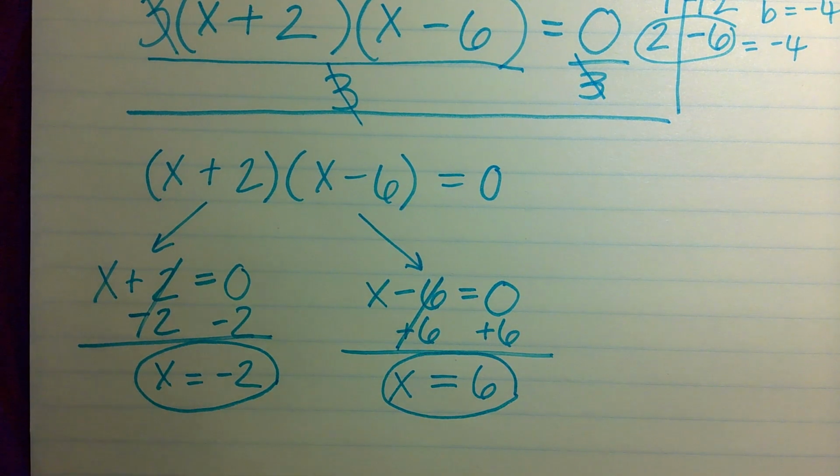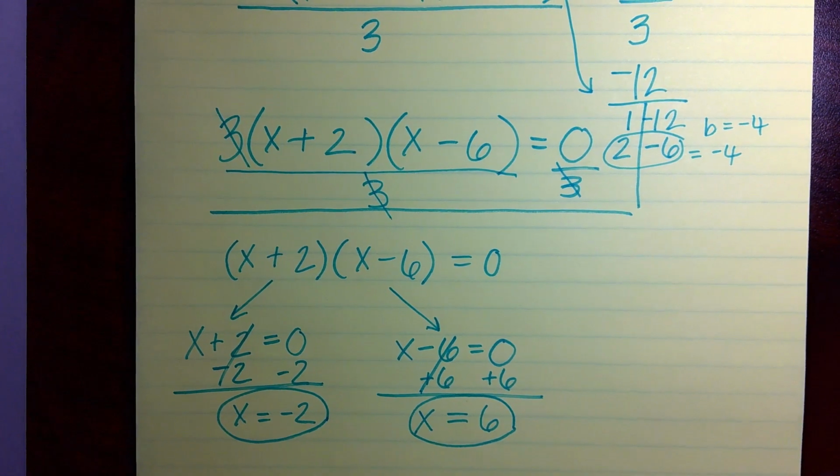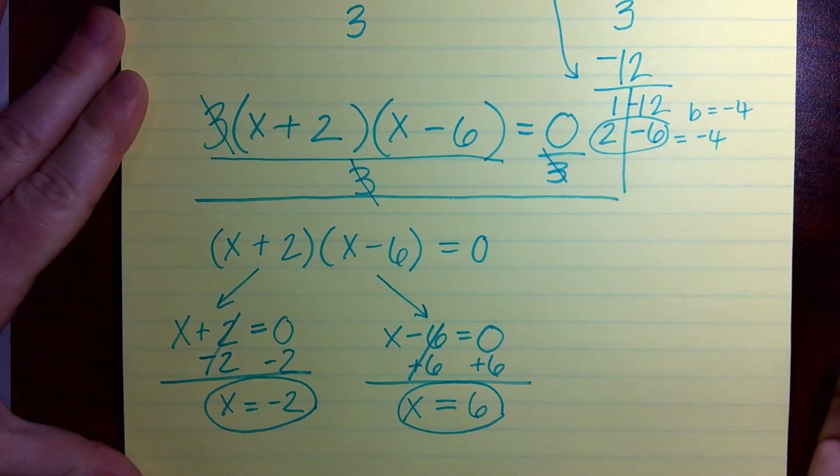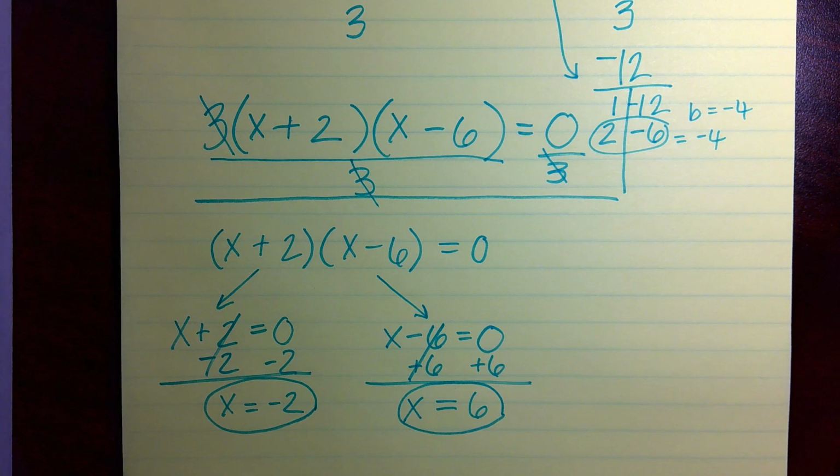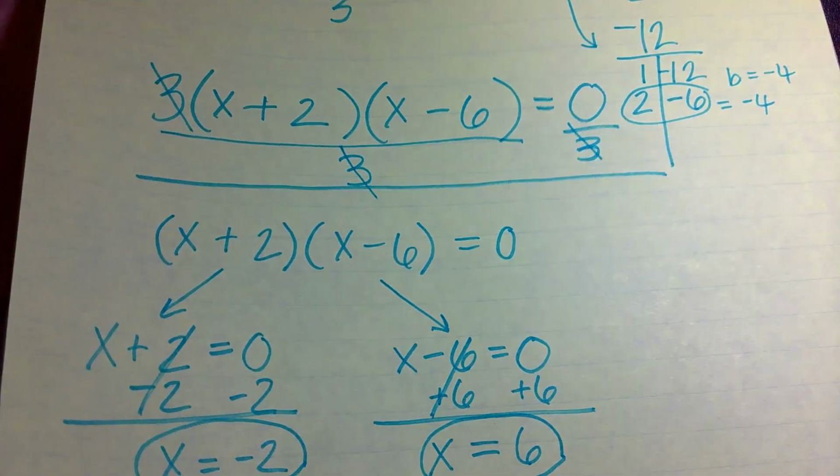Okay, so in the last few examples we've been doing, we have been looking at quadratic equations where our a can either start as 1 or where a becomes 1 after we factor out the GCF. But what if we have something where either there is no GCF and a is greater than 1?